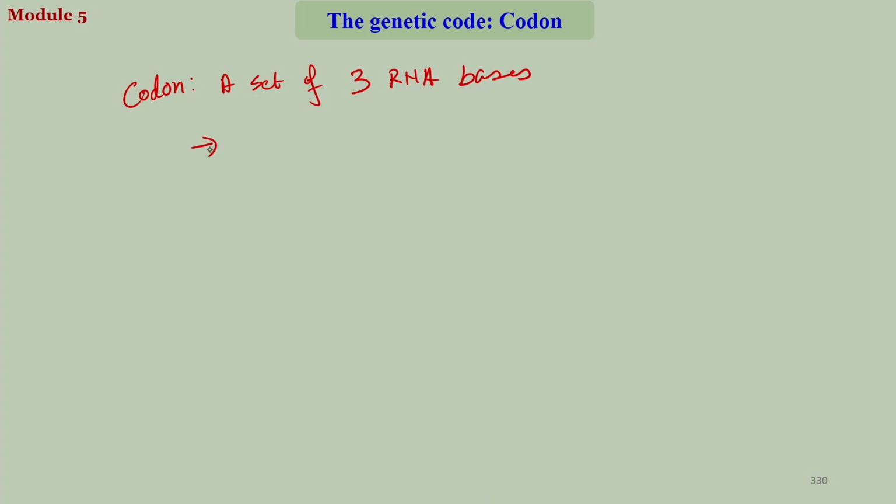A codon expresses, or represents, one specific amino acid. I am writing AA for amino acid.